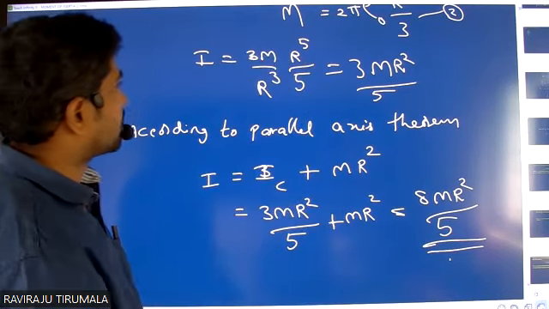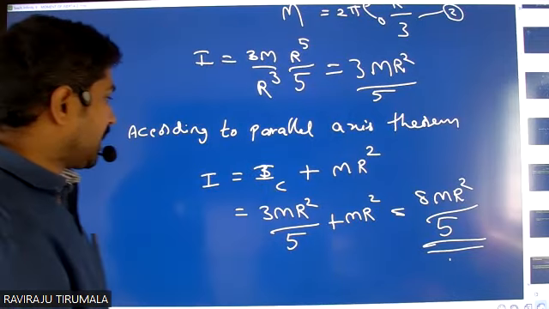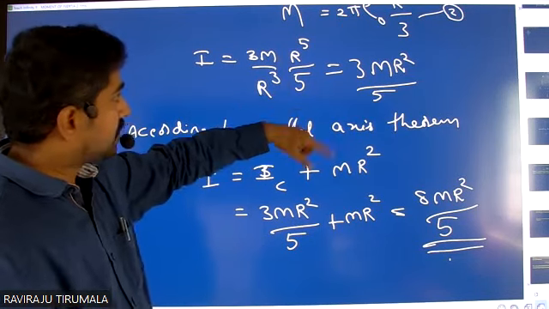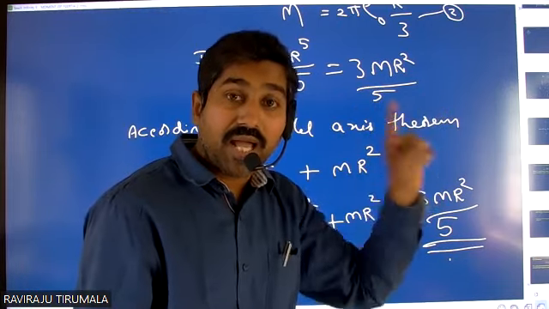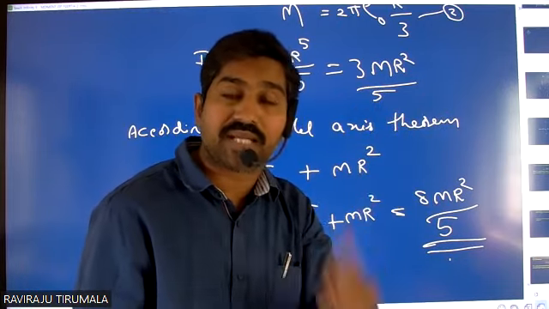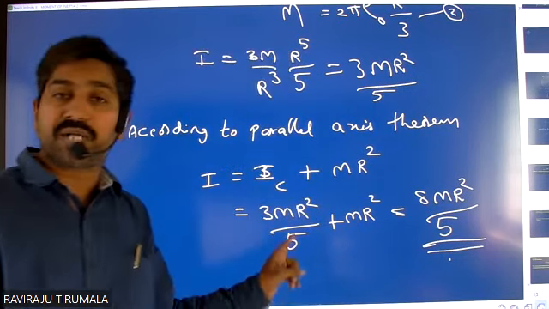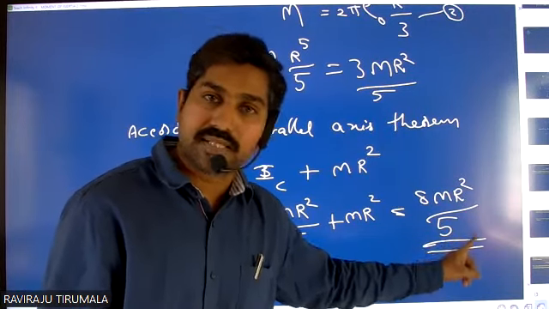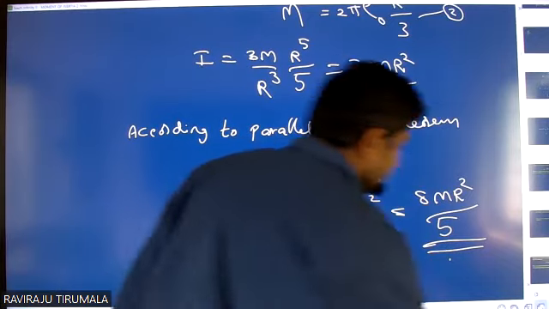We will get the answers in terms of some constants like rho naught. Then finally, by calculating the mass value, you can substitute in the formula for moment of inertia. You will get the answer here for the moment of inertia about the axis which we have taken as a reference. But here the question is asked about another axis, so we applied the parallel axis theorem. Okay, this is also one of the important model questions.